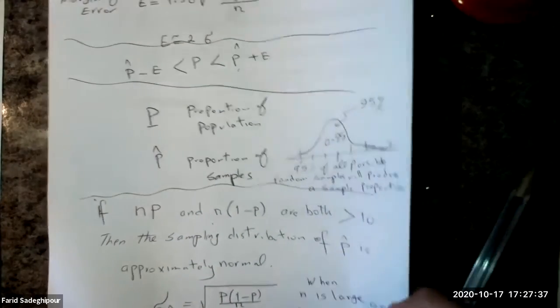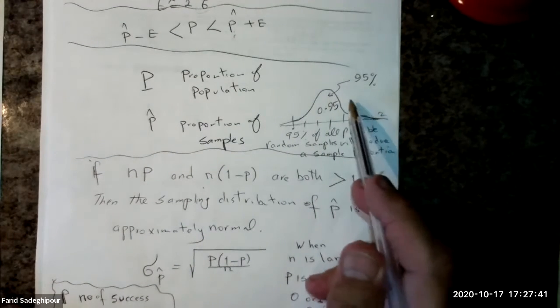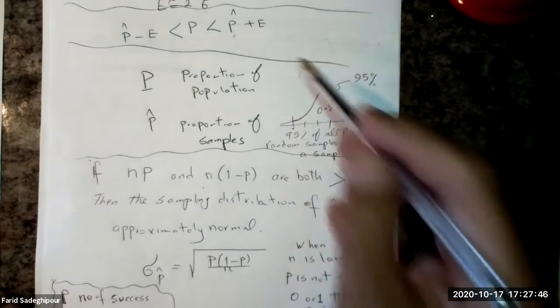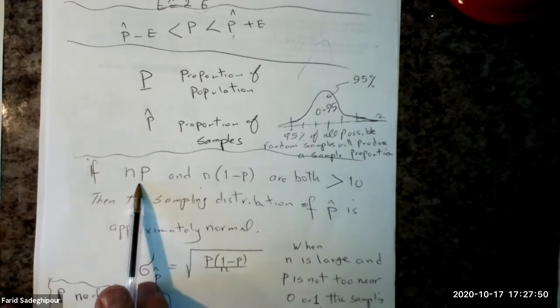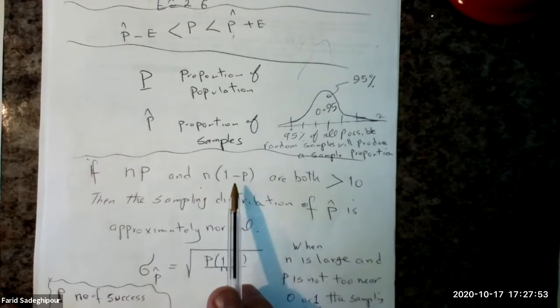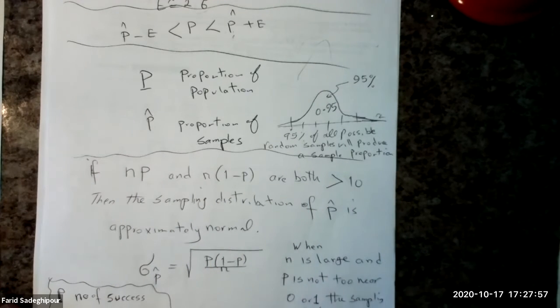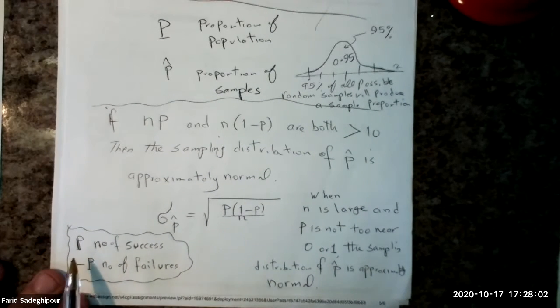Before you actually work on the problems, to see if the graph is normal, normal means like this. It's not skewed to the right or skewed to the left. In that case, there are two conditions. You want to make sure that n times p and n times 1 minus p are both greater than 10. Sometimes they call p the number of successes, and 1 minus p the number of failures.